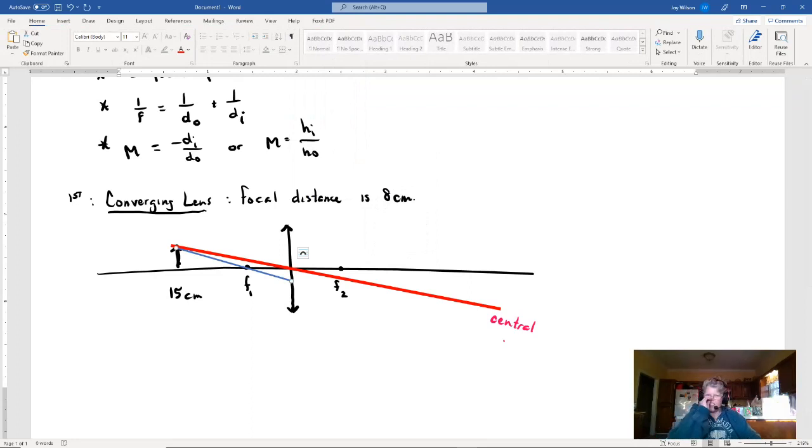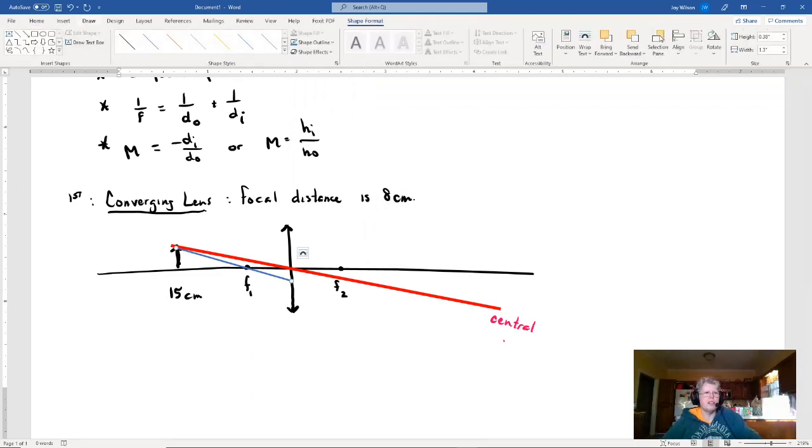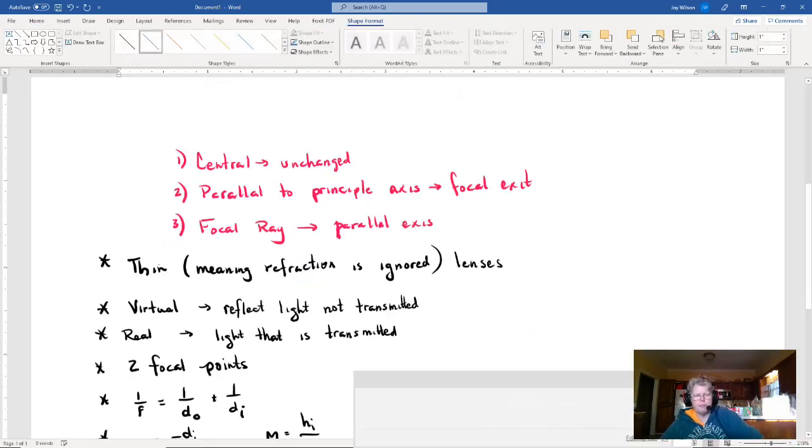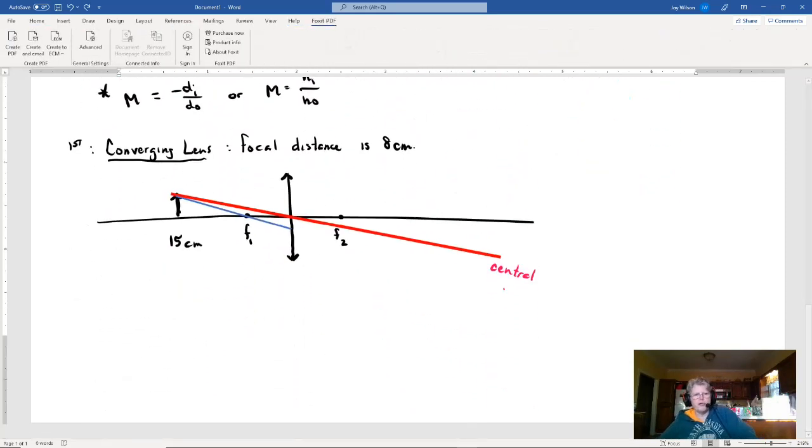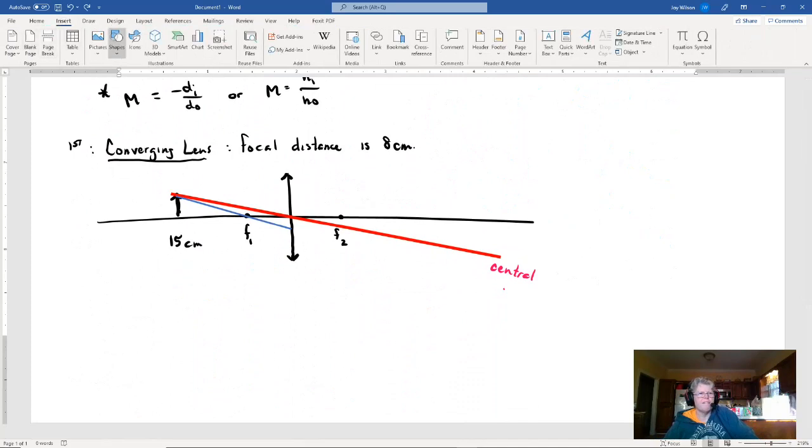When it gets there, the next line is then going to start at the lens and go out parallel to the central axis.